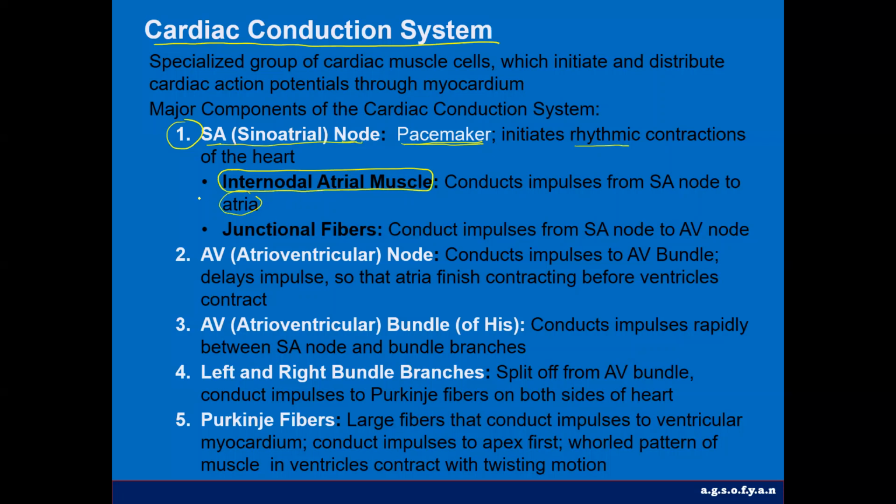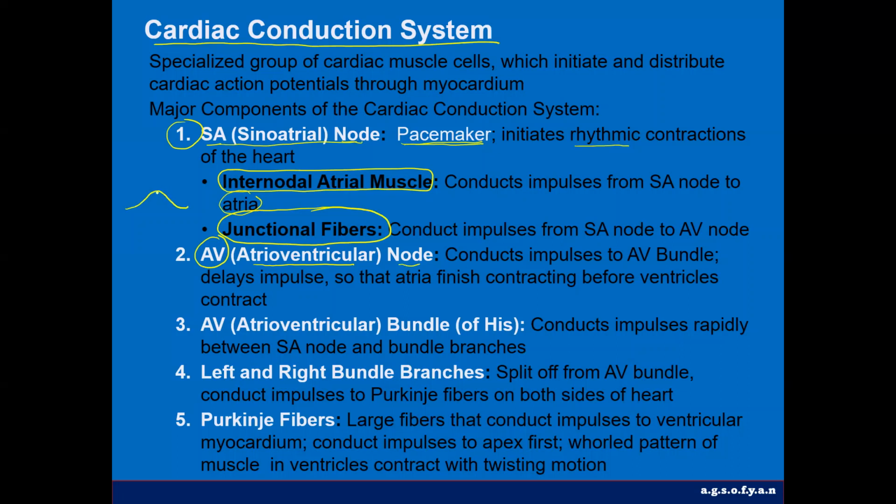After the atrial contraction, these impulses will be carried into the AV node, the atrioventricular node, using the junctional fibers. When the impulse is sent to the AV node, the atrium will then relax.